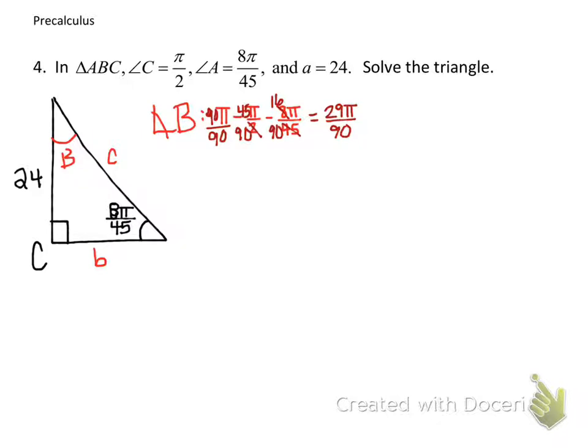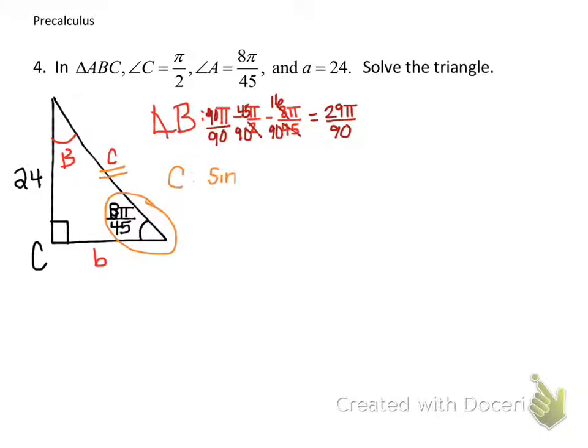Now, if we wanted to find side C, we can either use our new B measure or the 8 pi over 45 that was given to us. So I'm going to use the 8 pi over 45. Since I'm dealing with this angle, I need to have C as part of it. So I'm going to do 24 and C, that's opposite over hypotenuse, so I'm going to have to use sine.